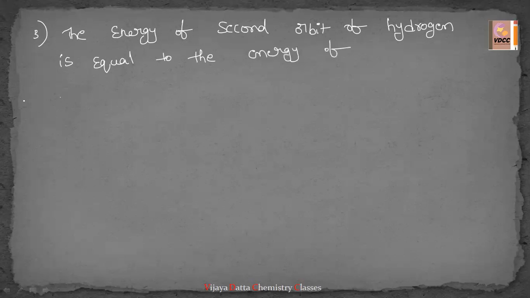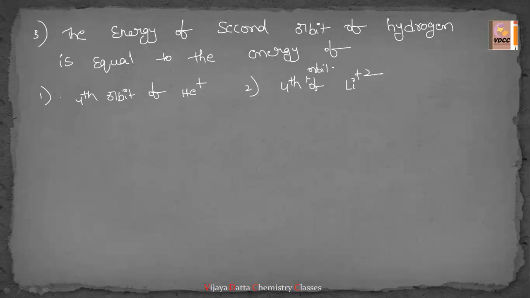They have given the options. The first option is the fourth orbit of helium plus. Next, the fourth orbit of lithium plus 2. Third option, the second orbit of helium plus.